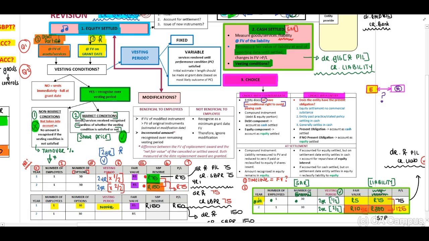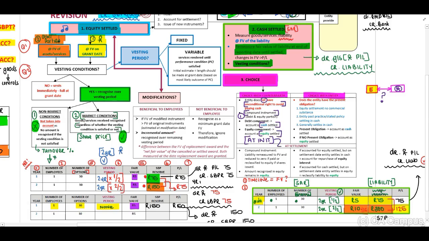Therefore, our entity has to recognize a compound financial instrument, and our debt component will be cash settled and the equity component will be equity settled. Now remember that this will be at initial recognition.